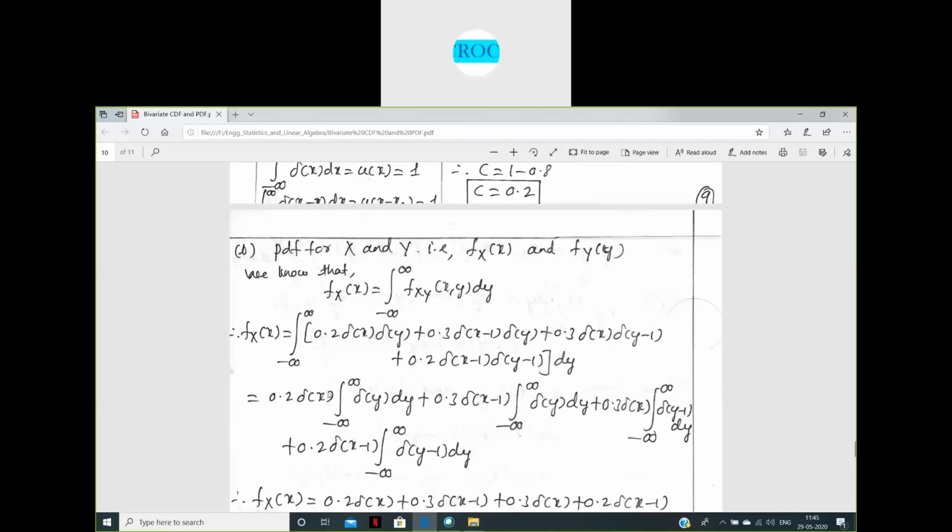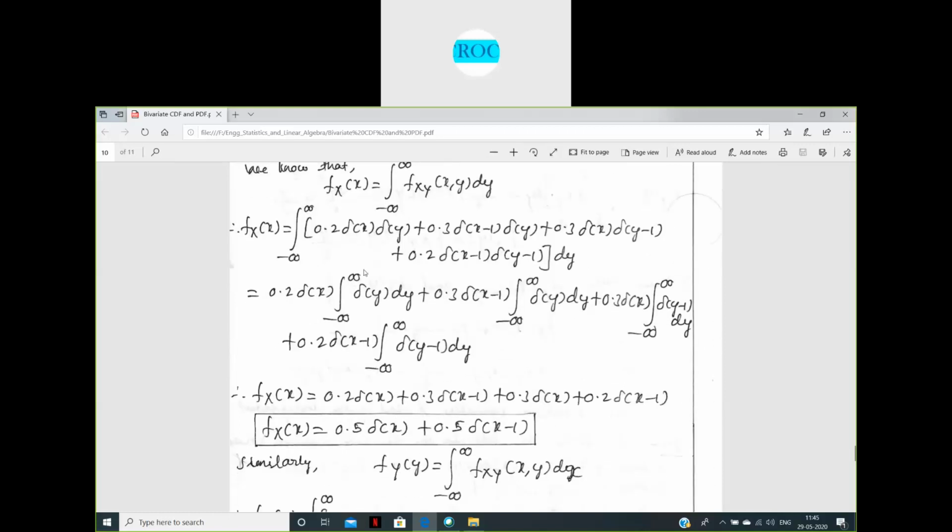You take these terms, 0.2 δ(x), out of the integration, leaving the integral of δ(y) dy, plus 0.3 δ(x−1) times the integral of δ(y) dy, plus 0.3 δ(x) times the integral of δ(y−1) dy. Only the dy terms we keep in the integration. The rest of the terms we take outside of the integration.